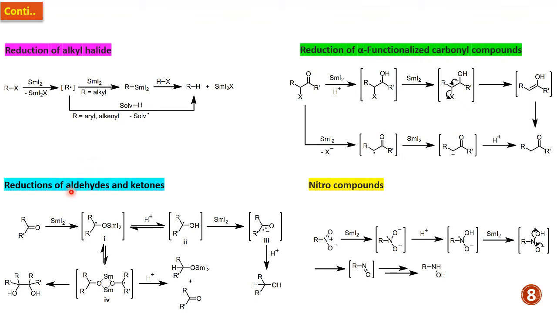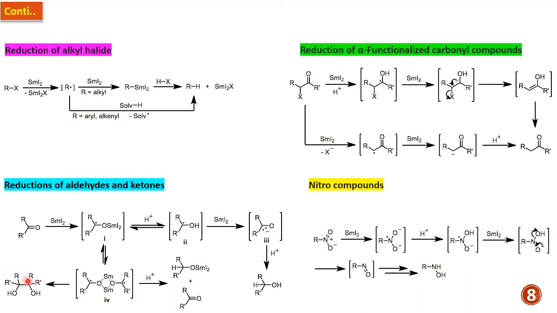And in the case of aldehyde and ketone reduction, the reduction by the samarium iodide is primarily based on the mechanism elucidated for similar one electron reducing agents. Upon single electron transfer, ketyl dimer 4 forms in the absence of a protic solvent. This dimer collapses to form 1,2 diols.